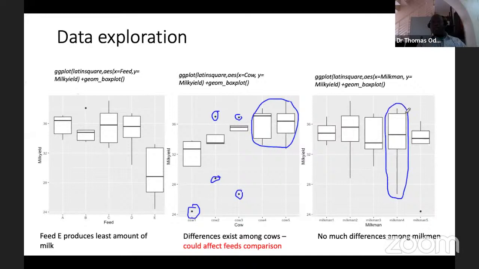Milkman number 5 seems to have less variability, but there seems to be one particular value that is extremely low. This value here for milkman number 5 looks like it could be the value from cow number 1. These are the things you need to start looking at and ask, could this be an outlier or what?